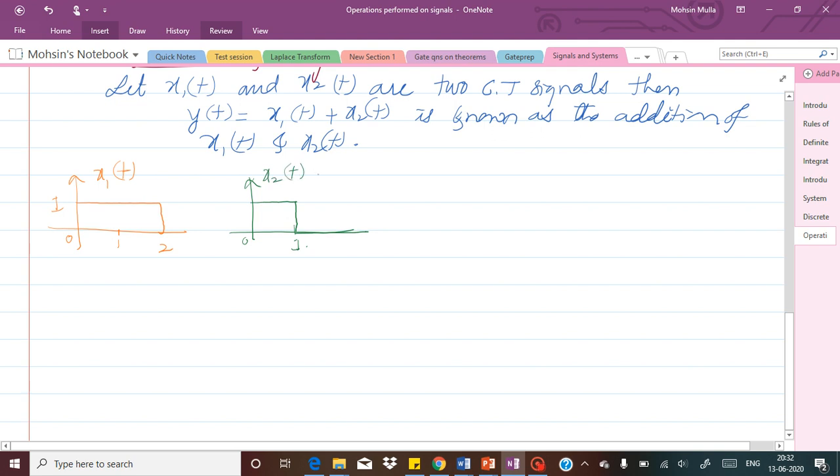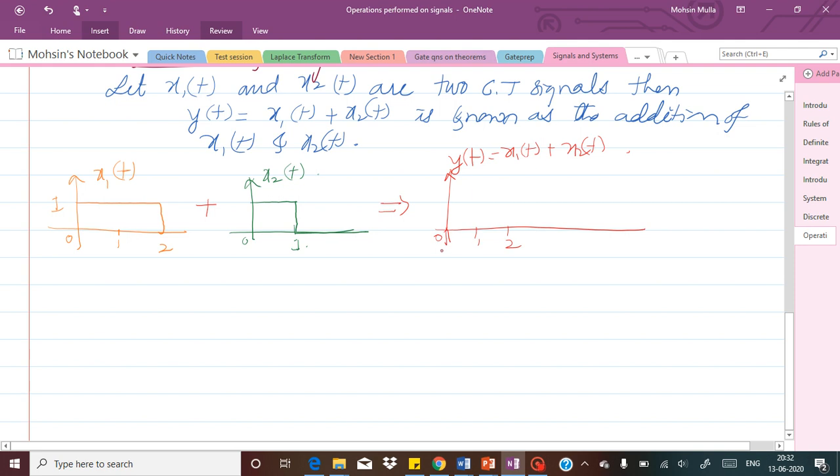Now the sum of the two signals, x1 of t plus x2 of t, is going to be a new signal given as y of t. Here the first signal magnitude from instant 0, so how many instants are there? 1, 2, so we can take instants 1 and 2.